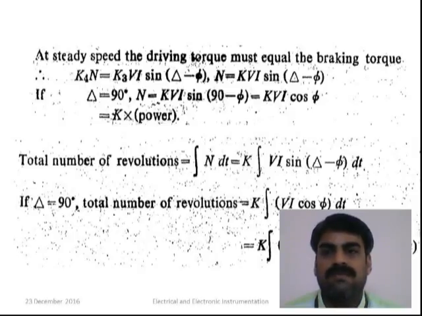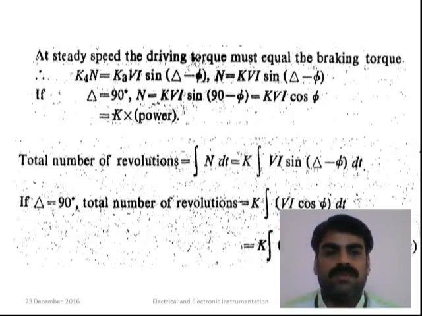Each sets up flux phi1 and phi2 respectively, and these two fluxes set up circulatory eddy current on a rotating disc. This eddy current and the existing fluxes phi1 and phi2 interact together and give us the driving force. To control the speed of the rotating disc, we have a brake magnet.